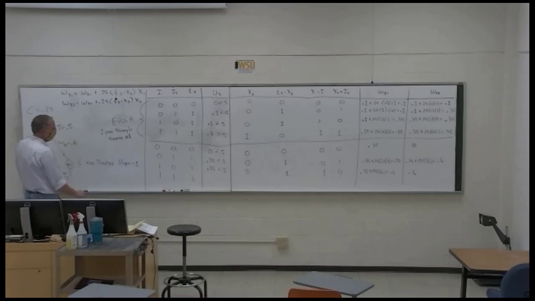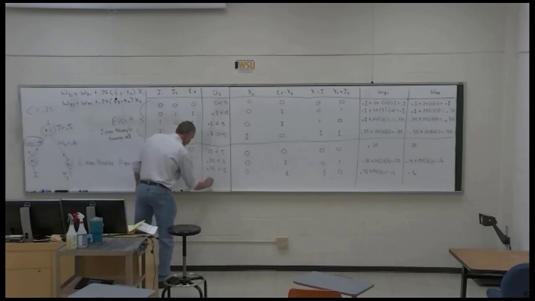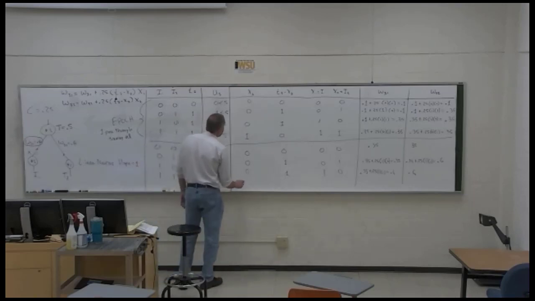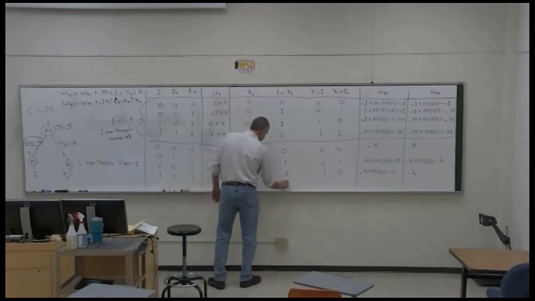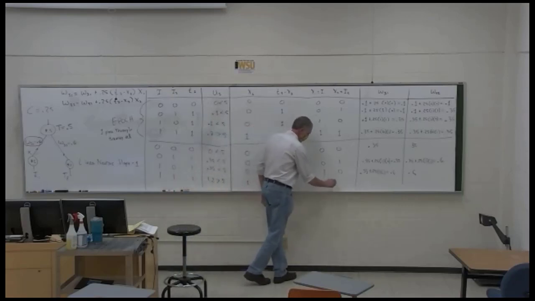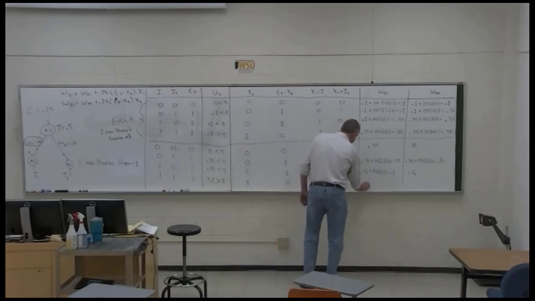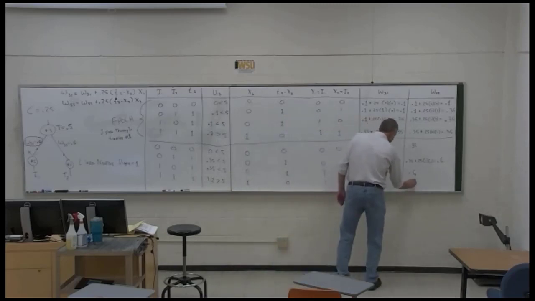So now let's put in the 1, 1. 1 times 0.6, 1 times 0.6, we get 1.2. Threshold beaten. This neuron fires for 1, 1. Error is 0. No error means that the weights don't change.